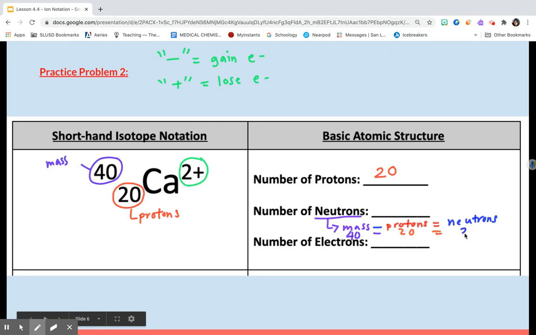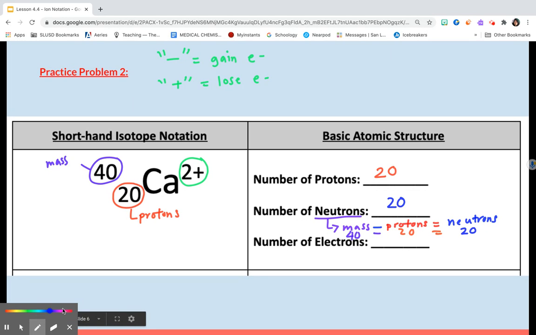So 40 minus 20 is going to be 20. I noticed that oftentimes people struggle with neutrons, so I would definitely write this one down. If it's been confusing you, it's always the mass minus number of protons that will get you the number of neutrons.